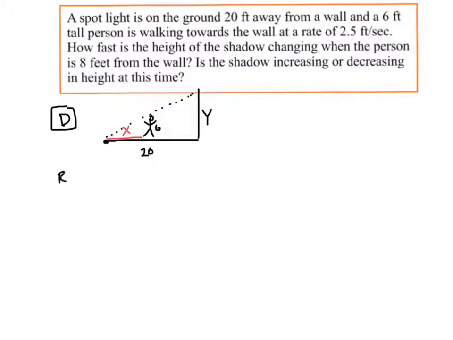Let's write down the rate that we know. We know dx/dt is 2.5 feet per second. We know how fast the person is walking. What we want to know is how their shadow is changing, how that y is changing.